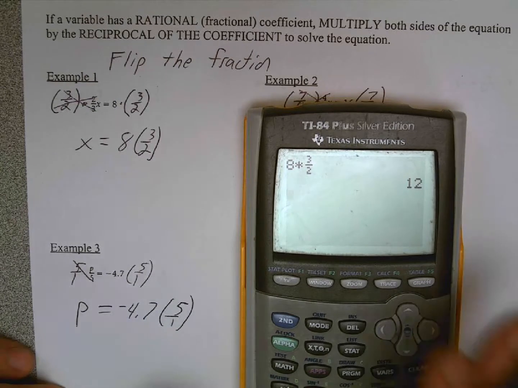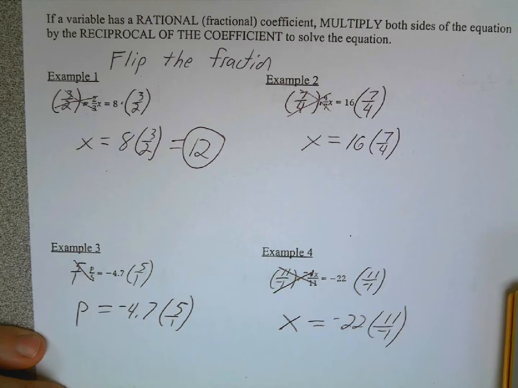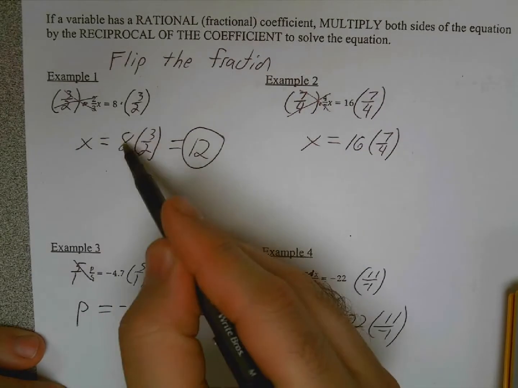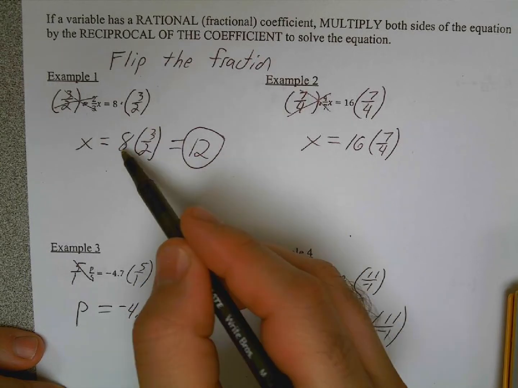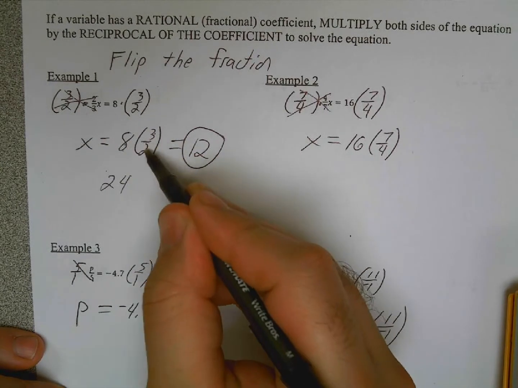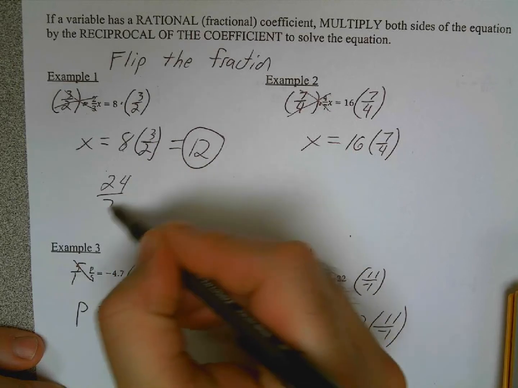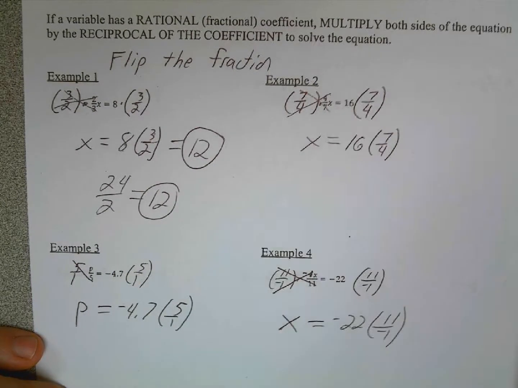You get 12. You can use the calculator, or we can go 8 times the top number. So big number times the top number. 8 times 3 is 24, divided by 2. 24 divided by 2 is also 12. So we could do that.